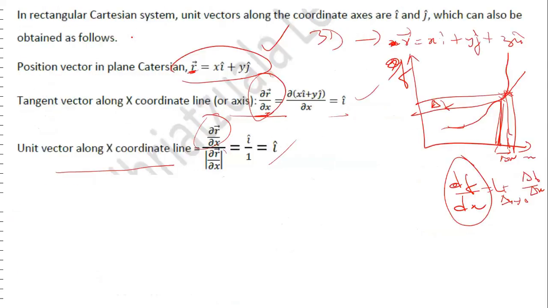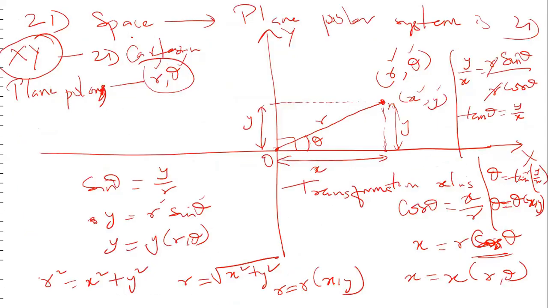Now, you know that this 2D Cartesian system is orthogonal. Orthogonal in the sense that here you have the i vector, here you have the j vector. A unit vector along one coordinate exists, that is i cap. A unit vector along another coordinate exists, that is j cap. They are at 90 degrees. How do you know that i cap and j cap are at 90 degrees?